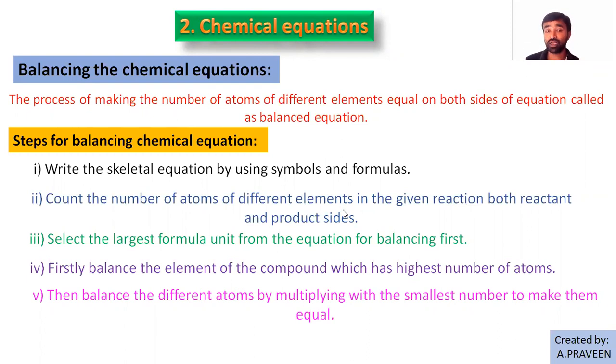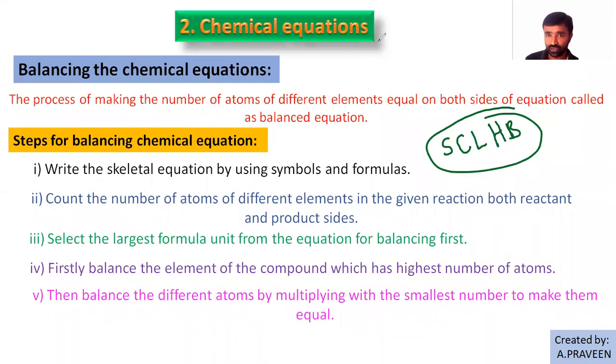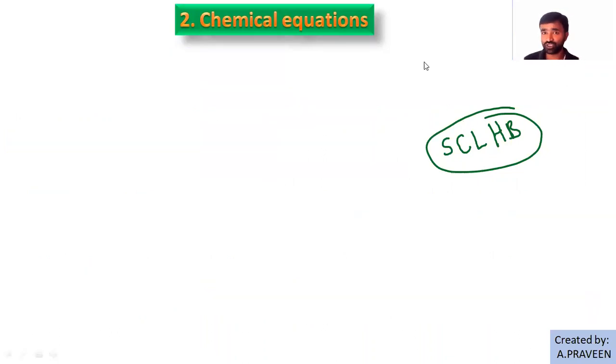The third step is the largest formula unit. So first writing the skeletal equation, then counting, then the large numbered formula unit, after that the highest numbered atom, then starting balancing one by one. So these are the steps I am following. SCLHB. Okay, so I will move ahead using the same steps, right?